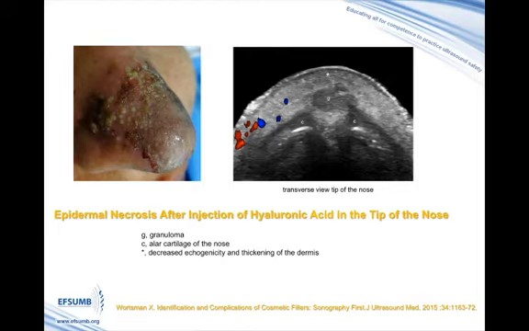Notice the areas of hypervascularity of the dermis and subcutaneous tissue in the right part of the figure in comparison with the hypovascularity of the same layers in the rest of the image.